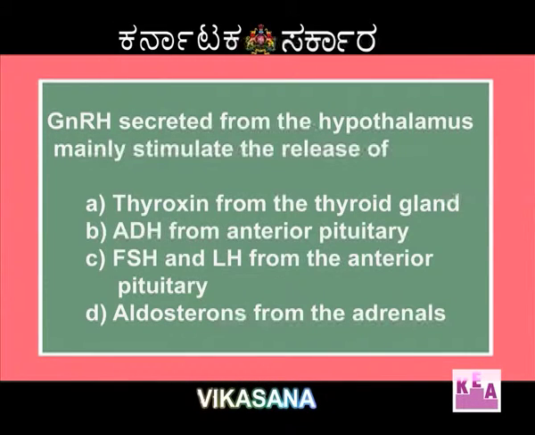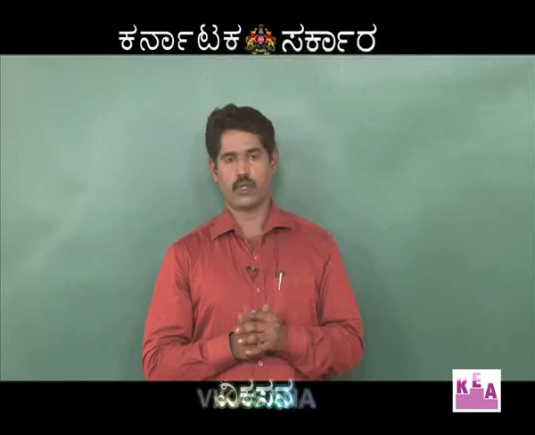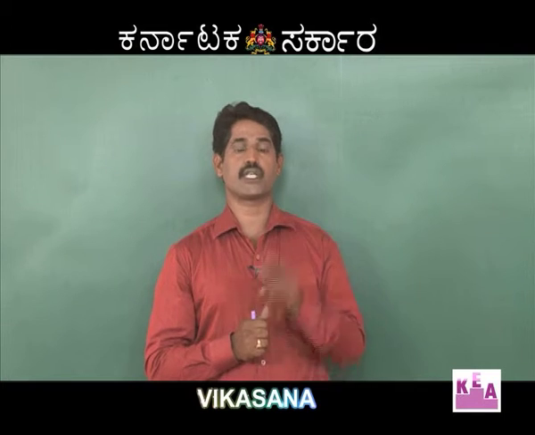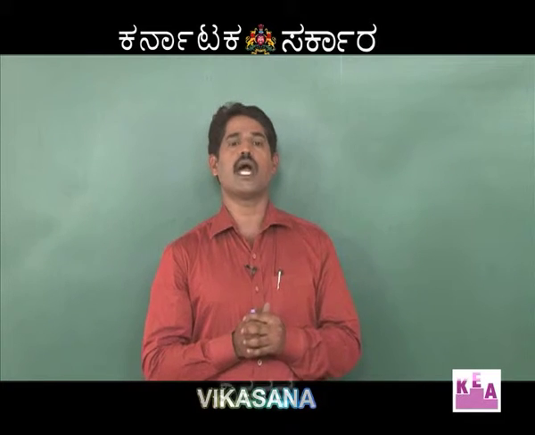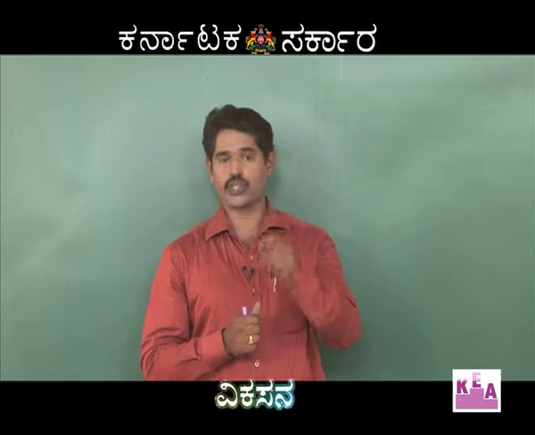So, here you have to remember one more thing. Option B, ADH, antidiuretic hormone, is secreted from the neurohypophysis. You know that the neurohypophysis secretes two hormones, one called ADH and another called oxytocin.